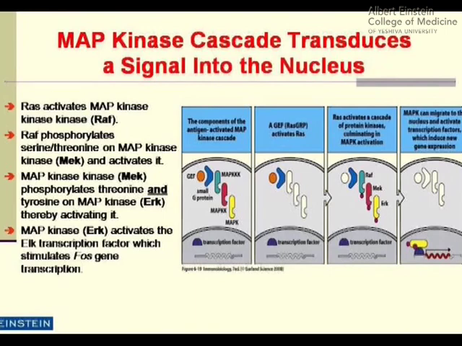So in the case of the RAS protein, which is over here, it triggers a signal transduction pathway called the MAP kinase cascade. And this consists of a relay team that transduces a signal that ultimately ends up into the nucleus.